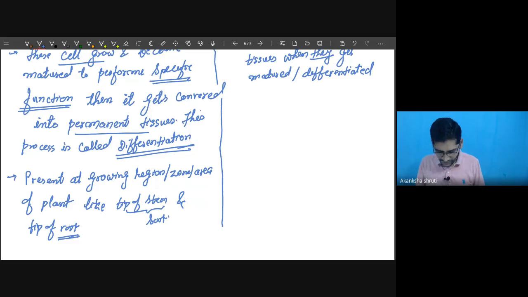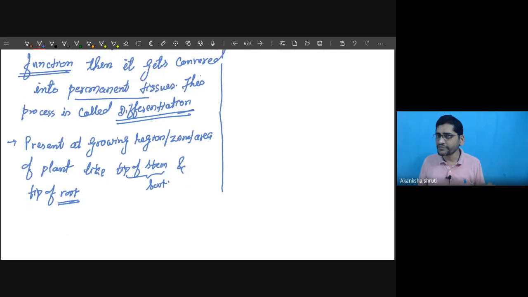It is also found that the thickness of the plant also increases. So for increasing the thickness or girth, there is another tissue. Those things we will see. Another important difference between plant and animal is that plants do not grow uniformly.